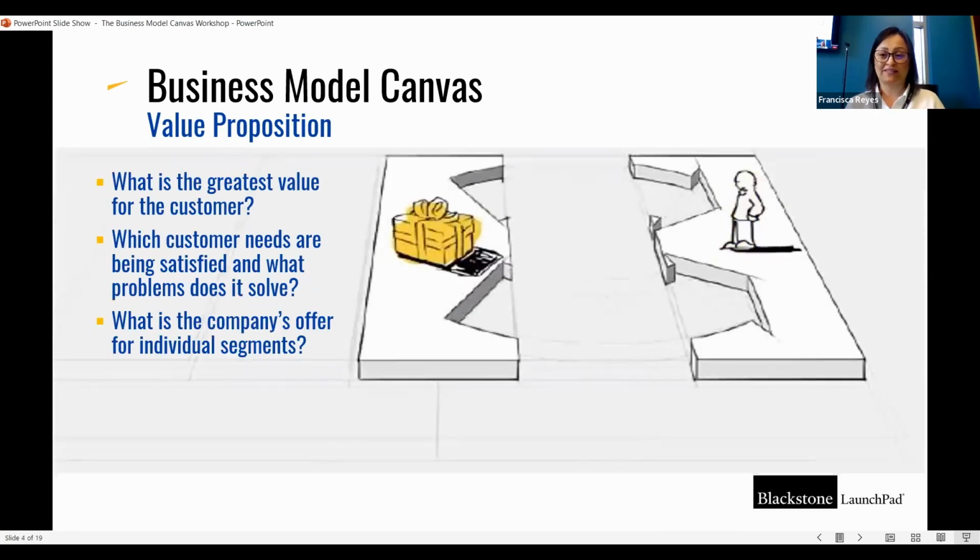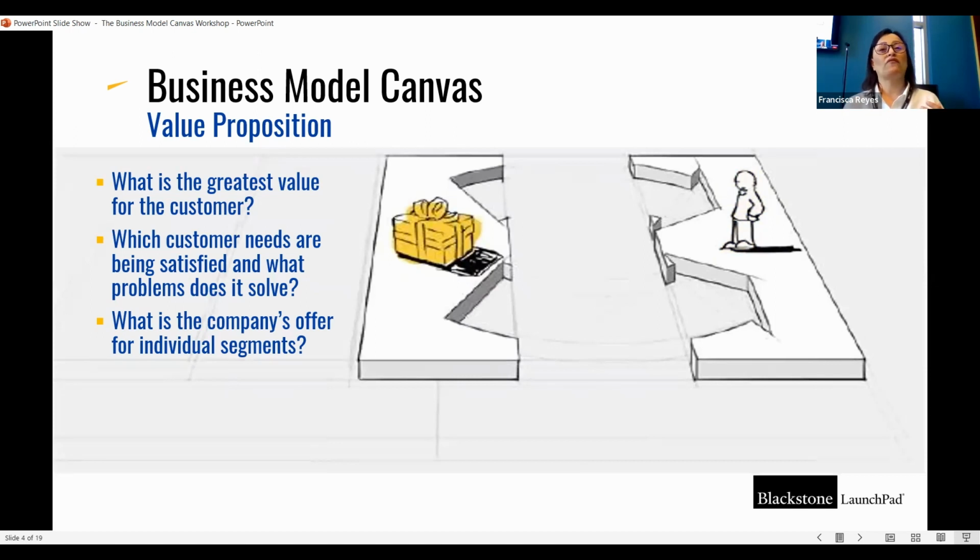So the next one is actually the most important element of the business model canvas, the value proposition. So this one is, we're doing this for whom, but what are the greatest values or the greatest thing that we're offering to our customers? What are the needs of these customers that we're trying to satisfy?